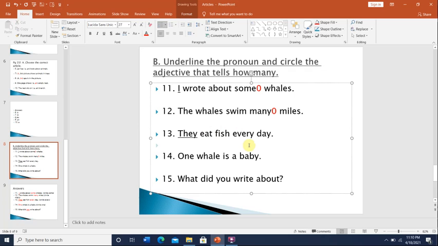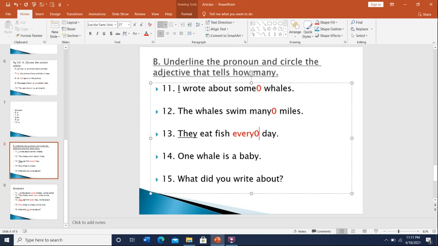Is there an adjective here that shows how many? They eat fish every day. Every would be the adjective. So circle every, because it's an adjective that shows how many.